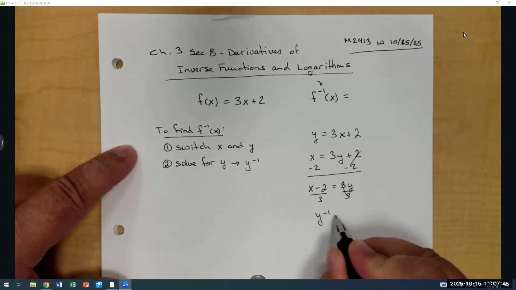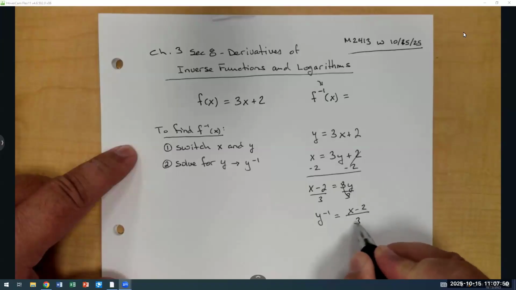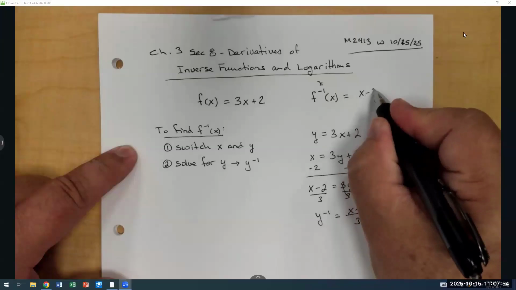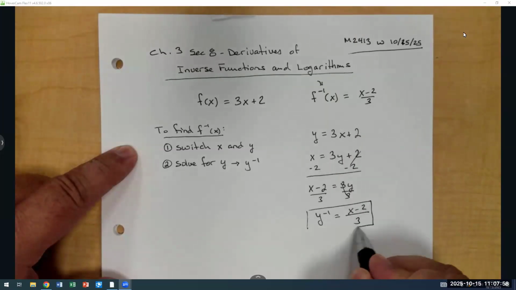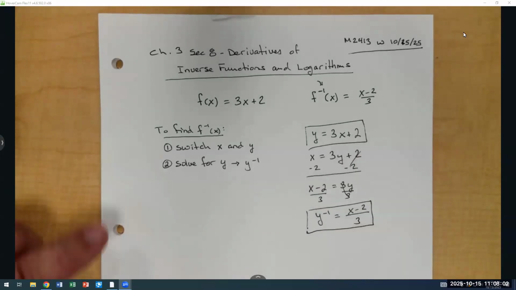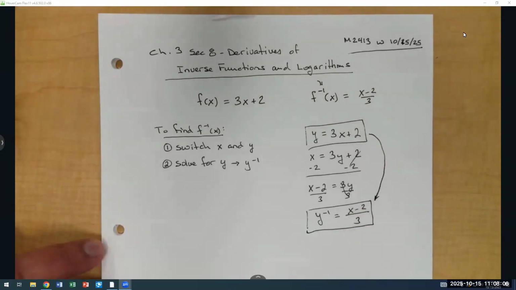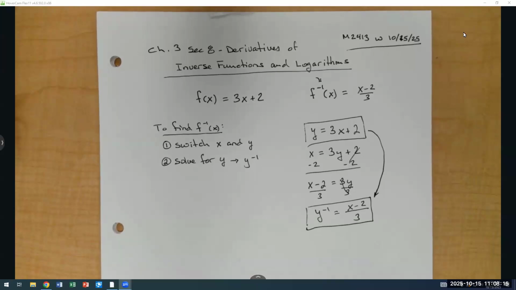So my inverse is x minus 2 over 3. So I'm going from here to here. All right, so that's just simply the mechanics of it.